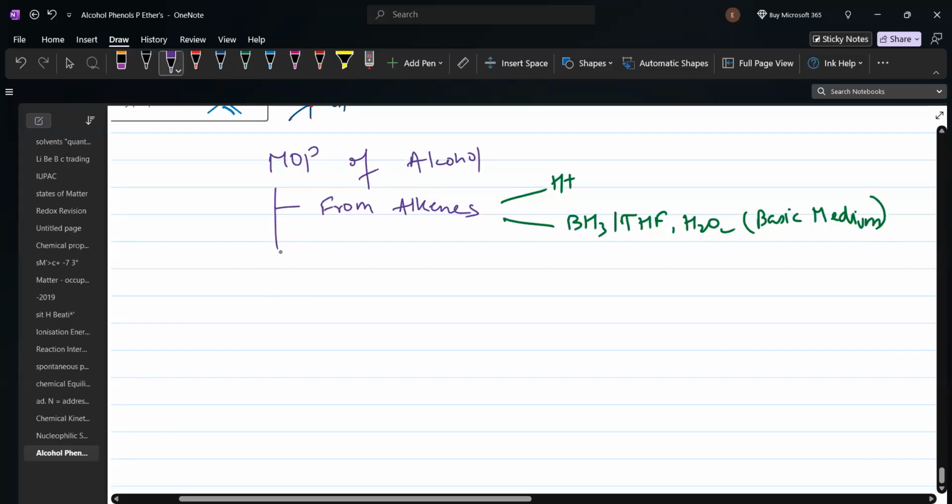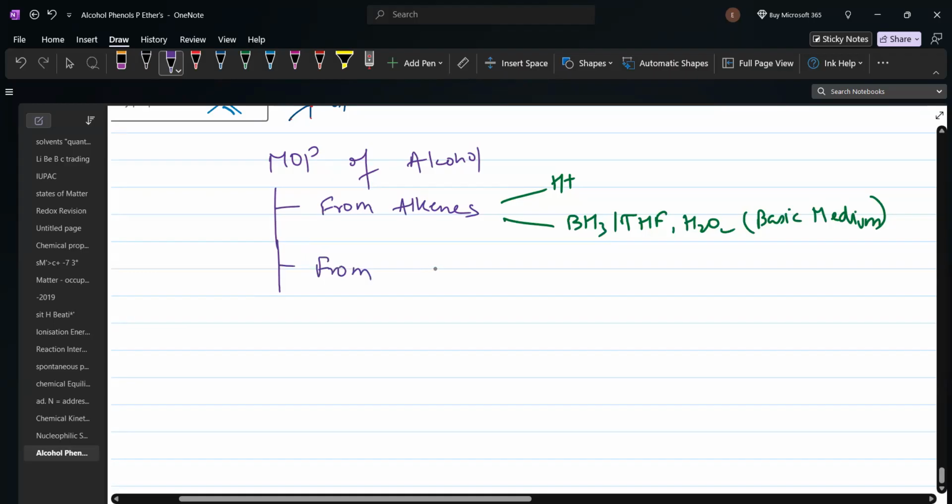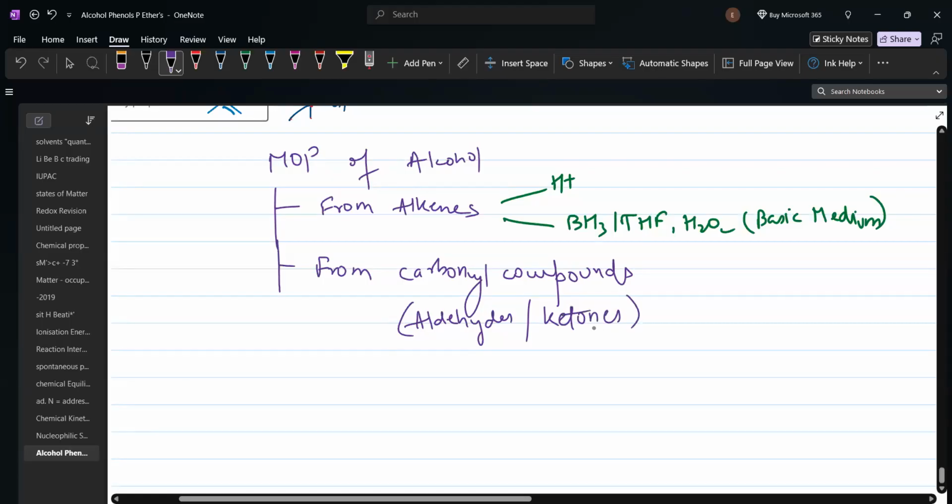What we will see today is another method of preparation, which is from carbonyl compounds. So what are carbonyl compounds? Anyone? Carbonyl compounds are aldehydes or ketones. So these are known as carbonyl compounds.